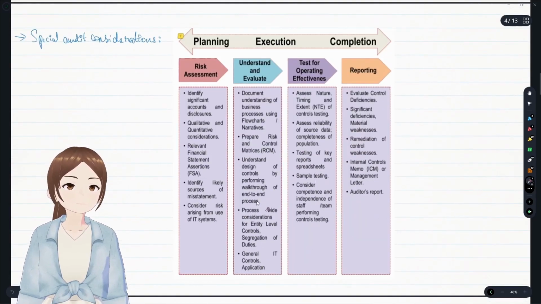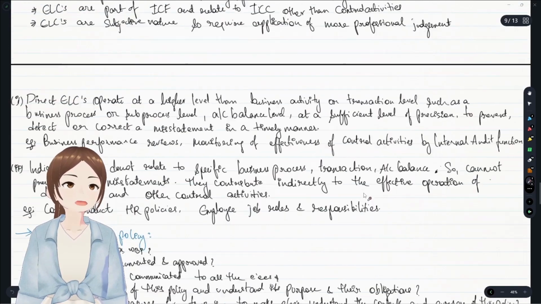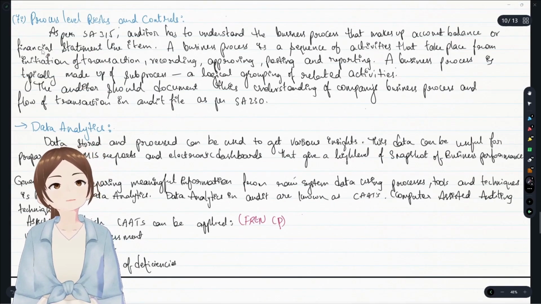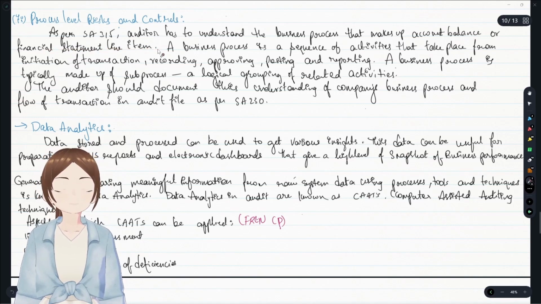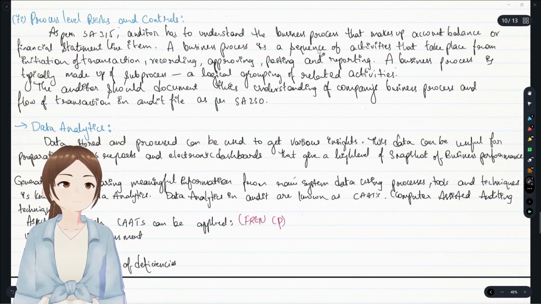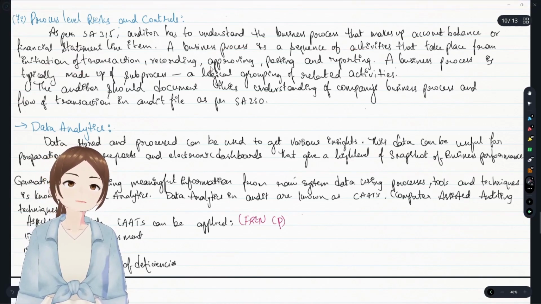We have seen it here, right? Walk-through might come in an MCQ. Account balance or financial statement line item is like debtors, land and building, that we know. A business process is a sequence of activities that takes place from initiation of a transaction, recording, approving, posting, and reporting.